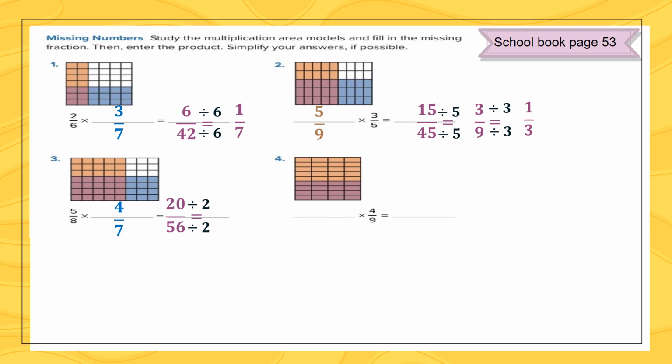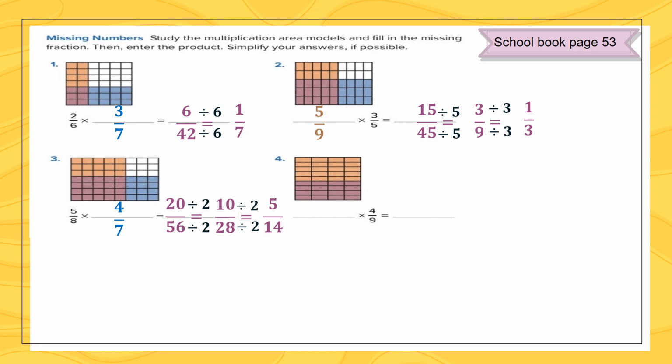So I divide up and down by 2. 20 divided by 2 equals 10, and 56 divided by 2 equals 28. Also, I need to simplify it by dividing by 2. 10 divided by 2 equals 5, and 28 divided by 2 equals 14.